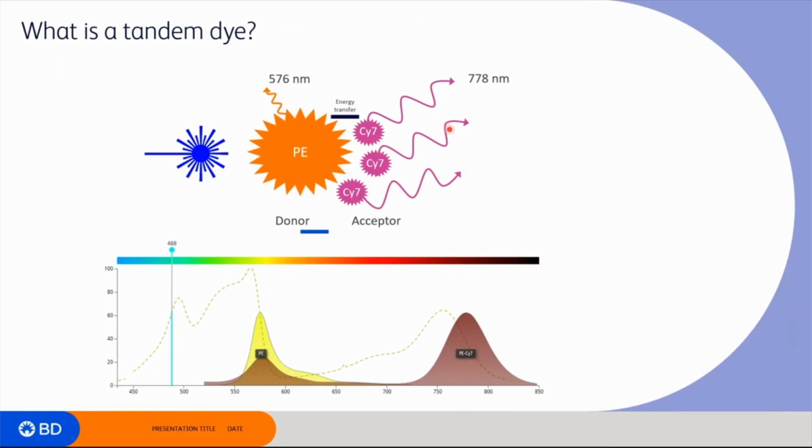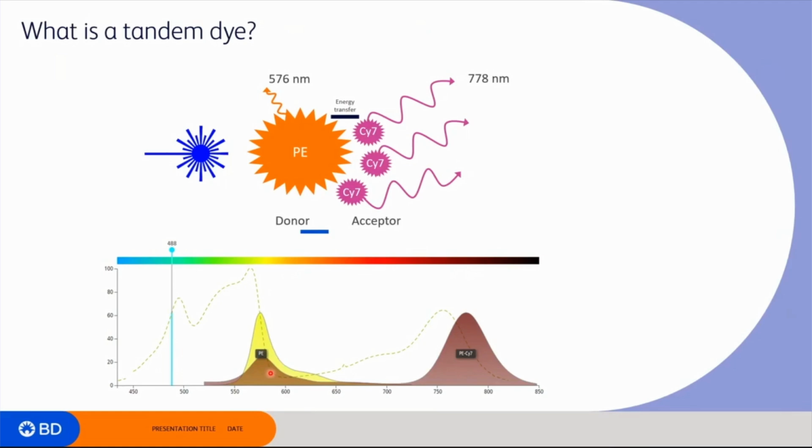This phenomenon is called FRET, fluorescence resonance energy transfer. In our example here of PE-Cy7, the emission wavelength for the Cy7 molecule is 778 nanometers. But there is also a residual amount of emission at the lower wavelength detected in the PE channel. Knowing this, there are a few considerations when handling tandem dyes.